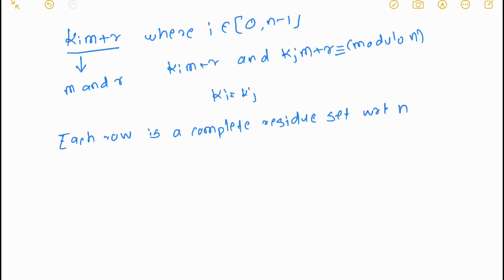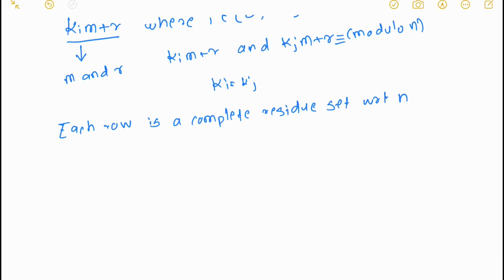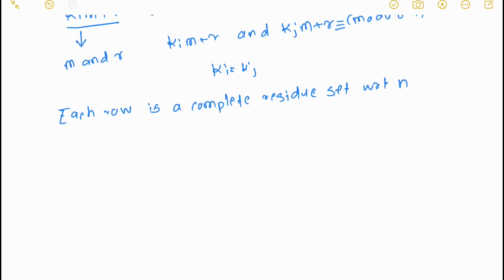So I will explain it in more detail. Let's suppose that all the possible residues of n are 0, 1, 2 till n minus 1, right? If there is another set a1, a2, a3 through an, where if we take each element of the set modulo n, then we are bound to have a one-to-one correspondence with these residue classes.